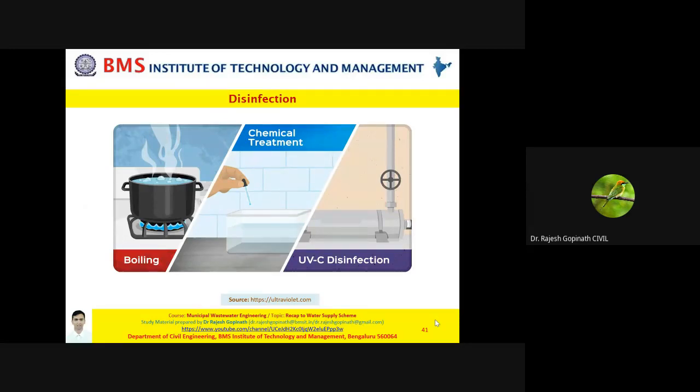So if you remember, disinfection was a process wherein you eliminate or completely destroy all the microbial presence inside the water. Your target is, of course, pathogens, but anything in the water would eventually be eliminated.